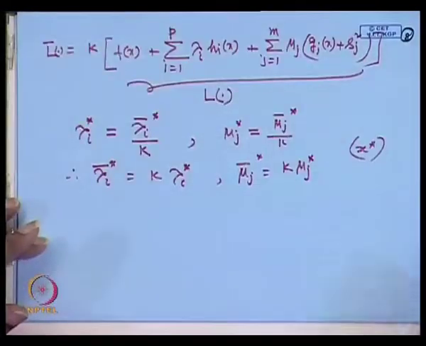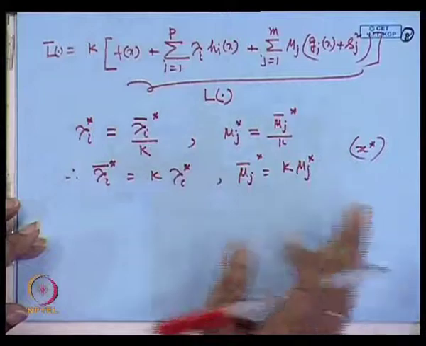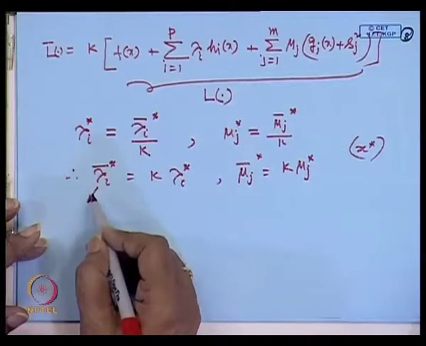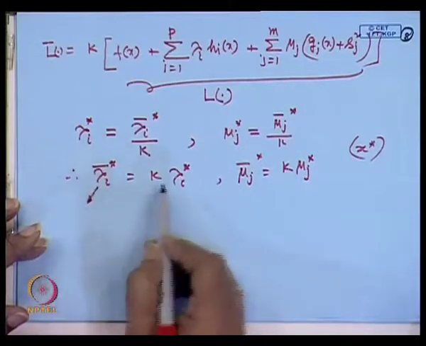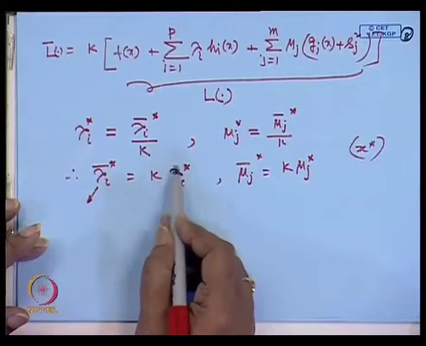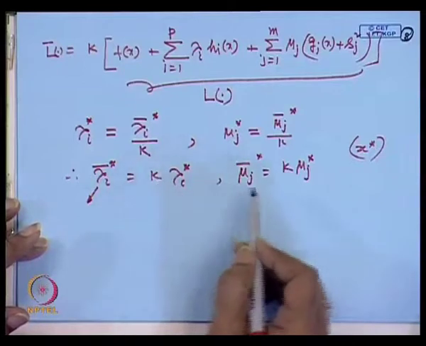Then our optimum point will not change, and the Lagrangian multipliers of the new optimization problem will be the original problem's Lagrange multipliers multiplied by k, including those associated with the equality constraint.